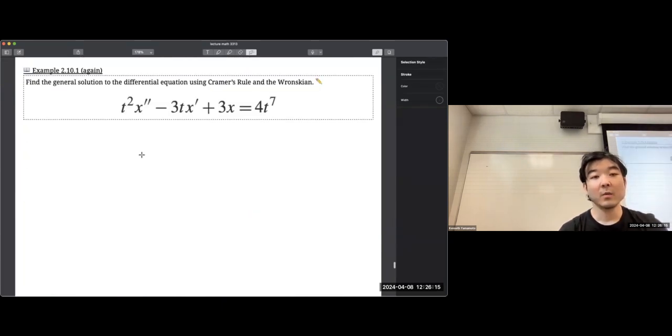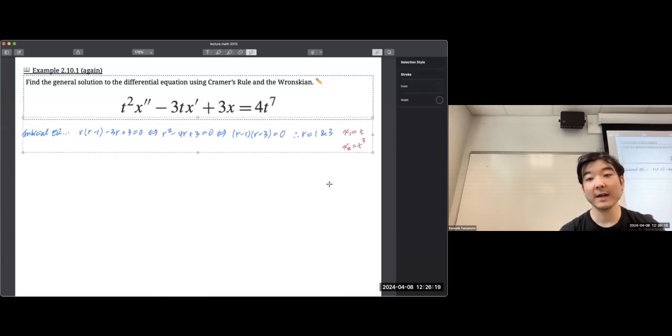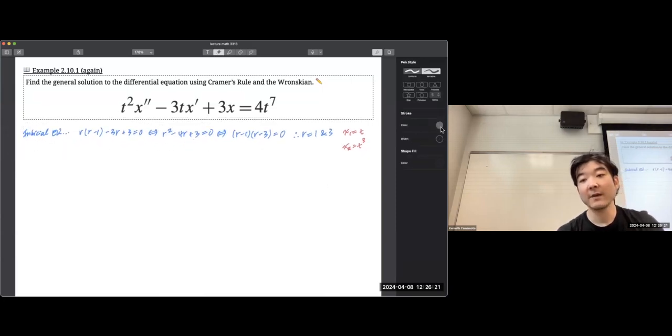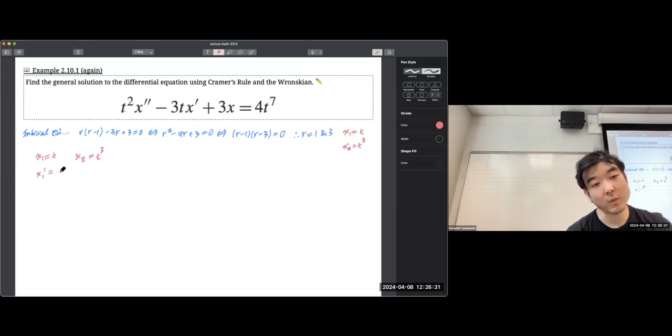So we have our x1 and x2. Our x1 is t. Our x2 is t cubed. Our x1 prime is 1. Our x2 prime is 3t squared.